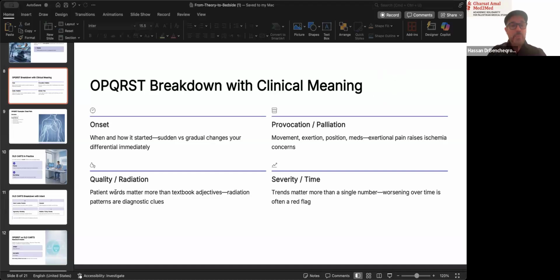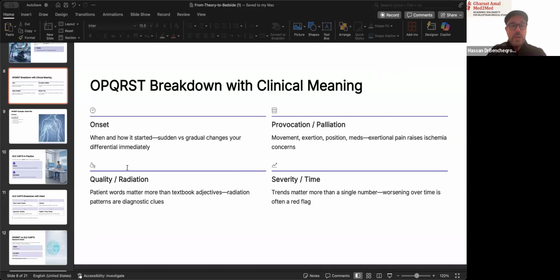Then we talked about the severity, and I say it's about 5 out of 10. It's annoying and limits movement, but I can still function. The clinical thought process is that because it's moderate in pain, it's probably not severe. And then the T is the time.